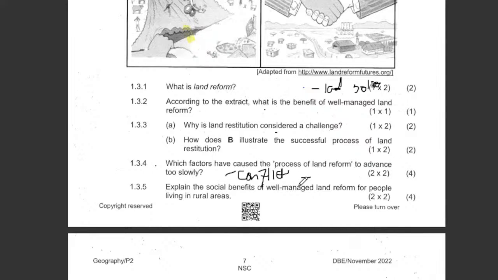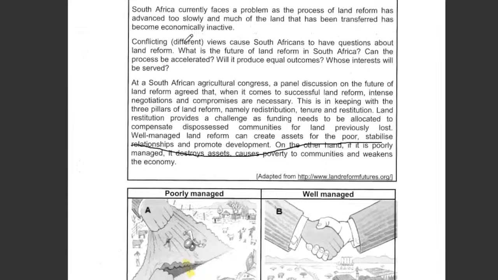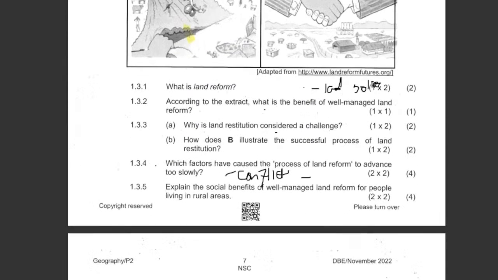Number two is having different interests. People have got different interests to be served. When you check the extract here somewhere, it says, will those interests be served? In other words, there are different interests. Others are thinking that it might not work. Others are thinking that the future land reforms in South Africa will change. Because different views exist, it slows down the process.